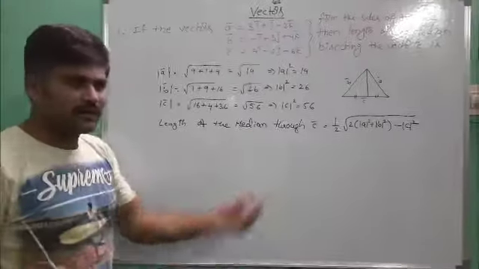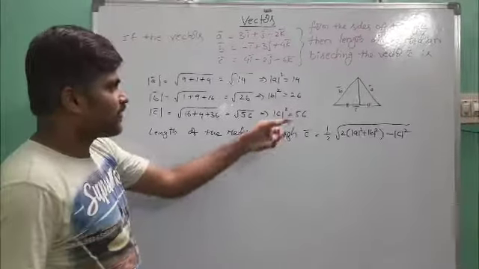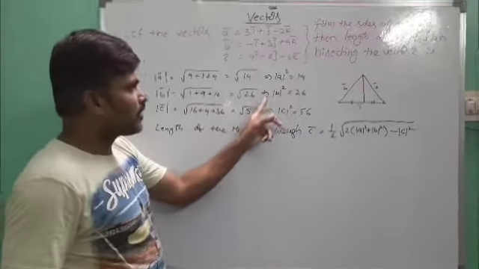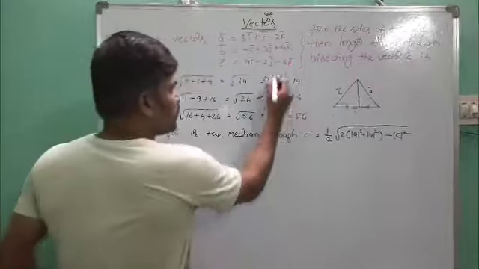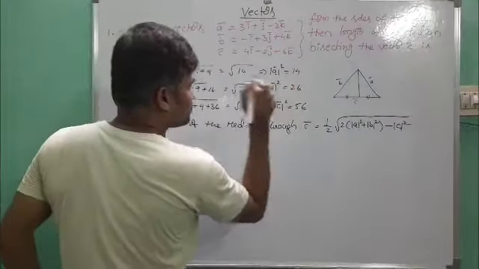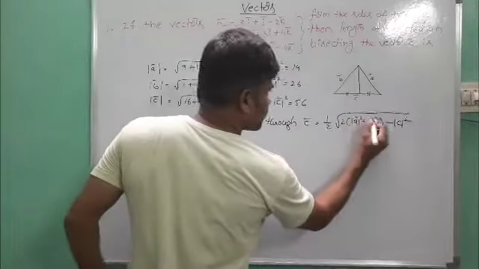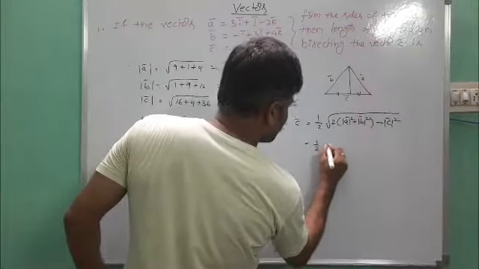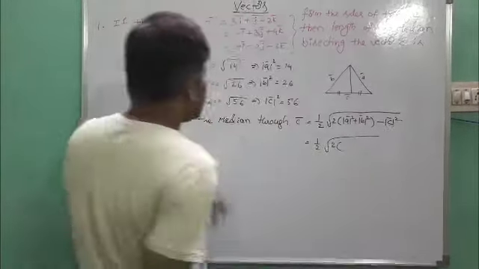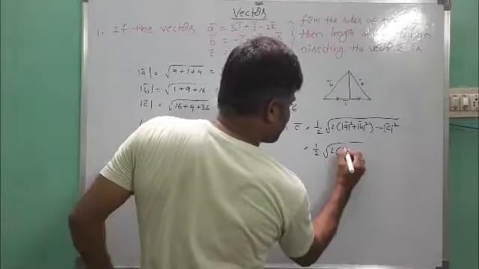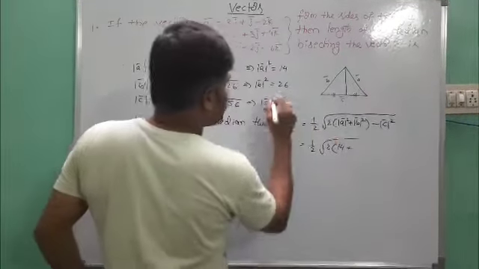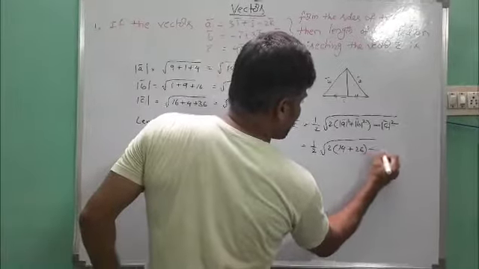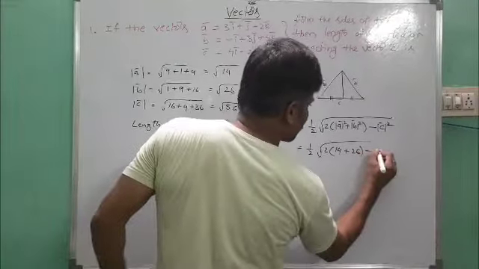So using this formula, substitute the values of mod a bar square, mod b bar square and mod c bar square. That is 1 by 2 into square root of 2 into mod a bar square 14 plus mod b bar square 26 minus mod c bar square 56.